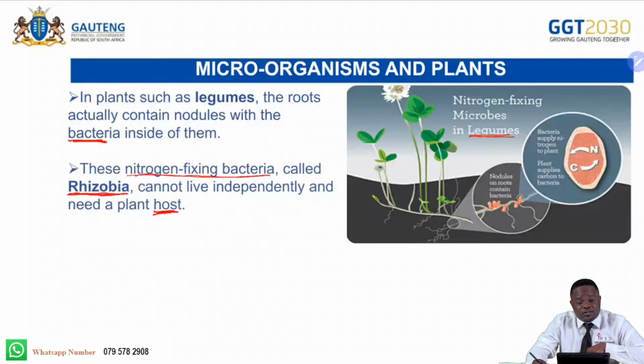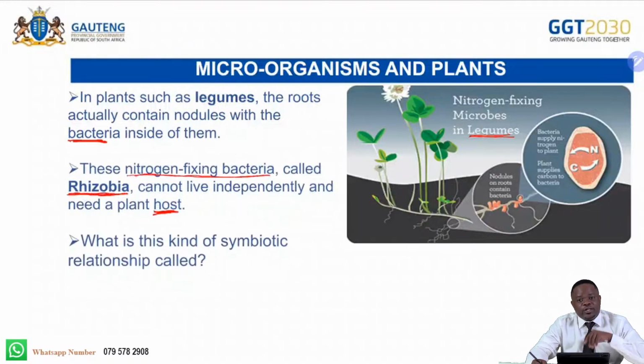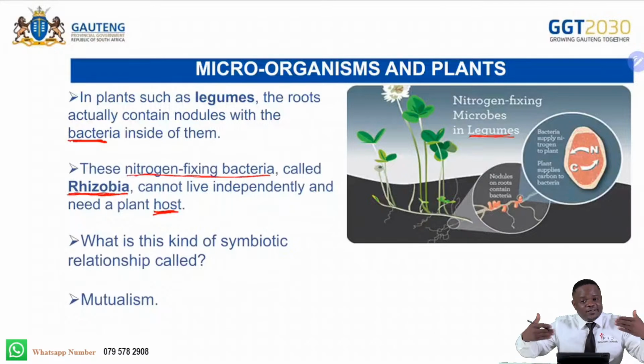What is happening there is a relationship between the plants and our microorganism, the bacteria. That kind of relationship, remember, we call mutualism. The microorganism benefits from living in the plant host, and the host also benefits from the microorganism, which fixes the nitrogen the plant needs.